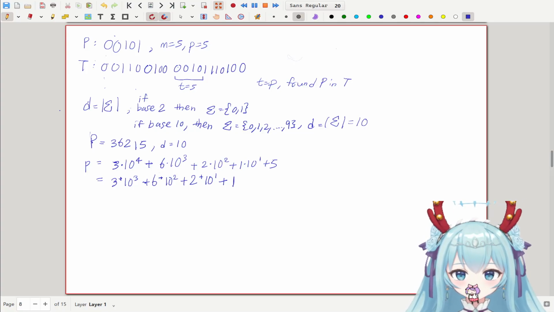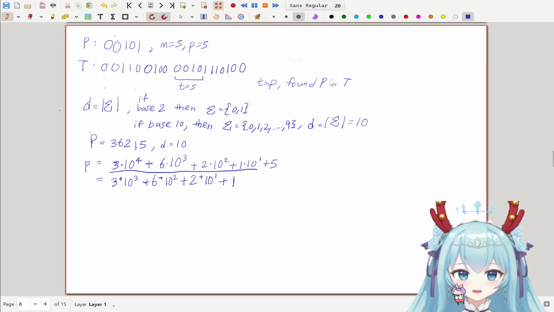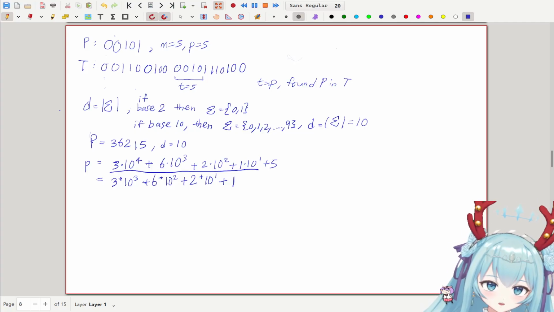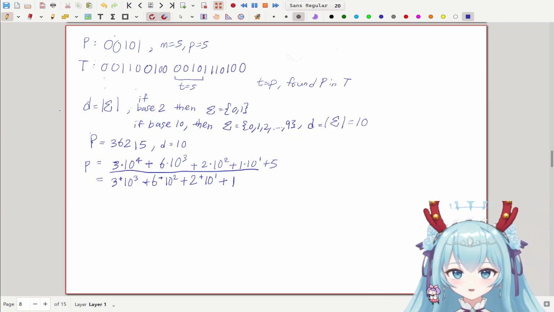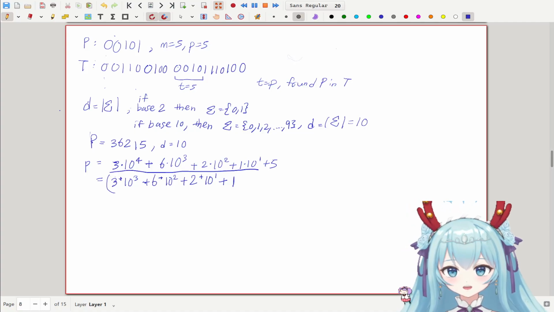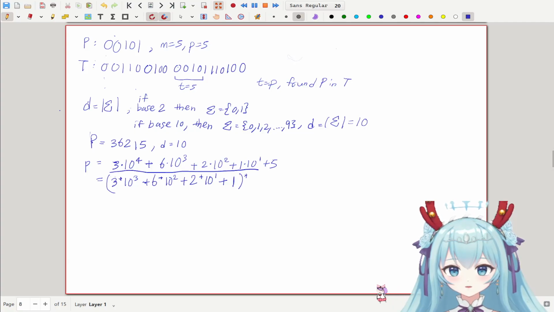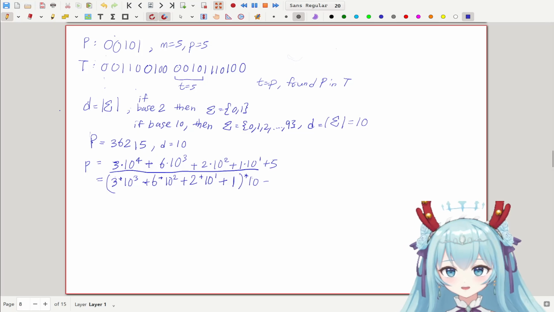So we're focusing on this over here, what's underlined, and we're factoring out 10. So factoring out 10 will give us this. If I put this asterisk here, it's the same thing as the dot. Plus 5.